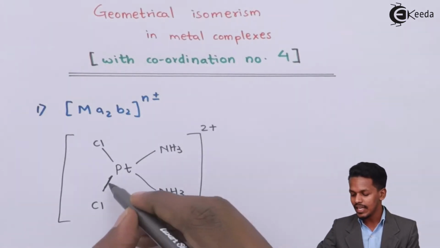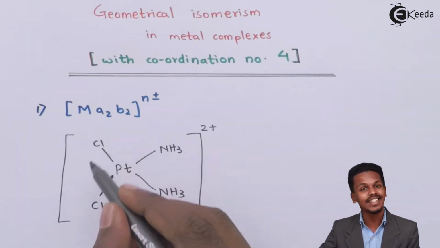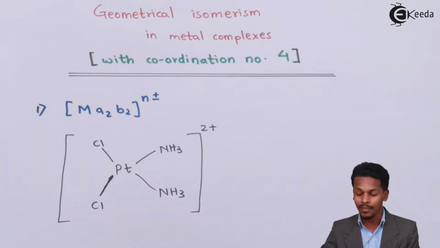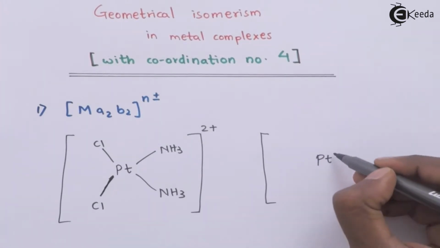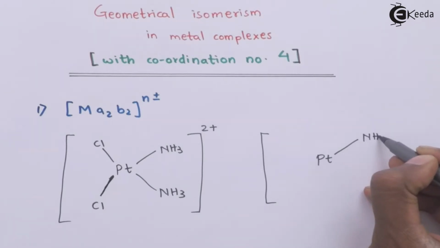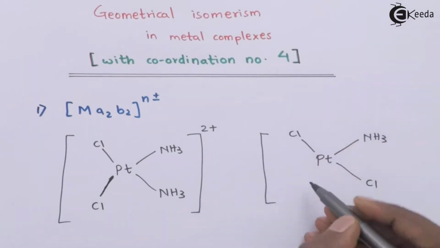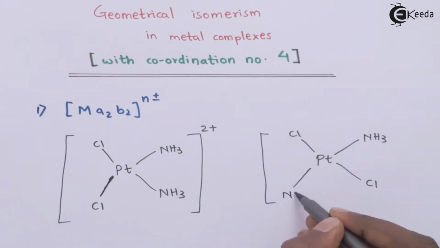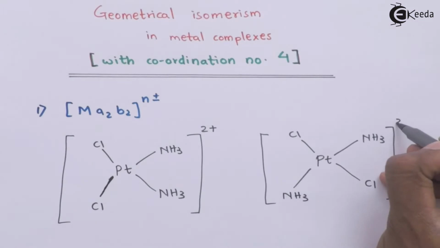In this case I could write this complex as Pt(NH3)2Cl2, but I could also write it in another form, with platinum present in the center. This is NH3, this is Cl, this is also Cl, and this is NH3, and the overall charge of this complex will again be 2+.